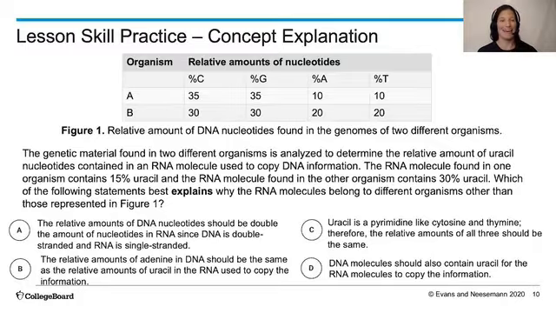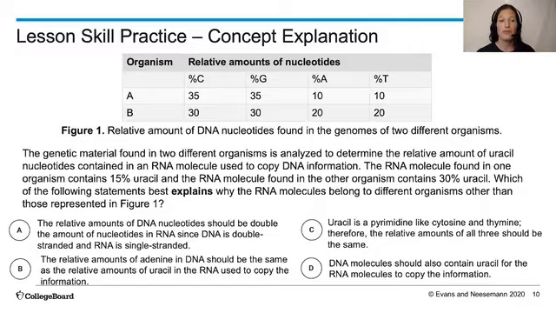All right, welcome back. Hopefully you had a chance to digest what is going on in this question. We are given a figure. That figure contains relative amounts of nucleotides, A, T, C, and G, so adenine, thymine, cytosine, and guanine. The question tells us that genetic material found in two different organisms is analyzed to determine the relative amount of uracil nucleotides contained in an RNA molecule used to copy DNA information.